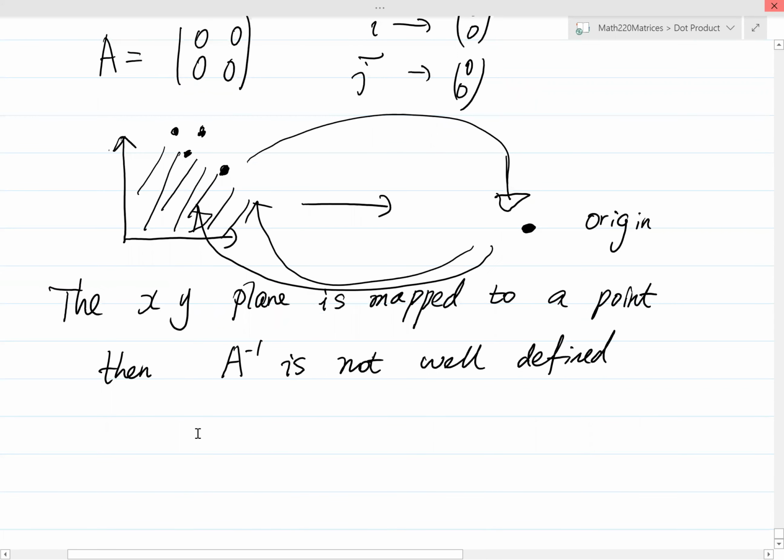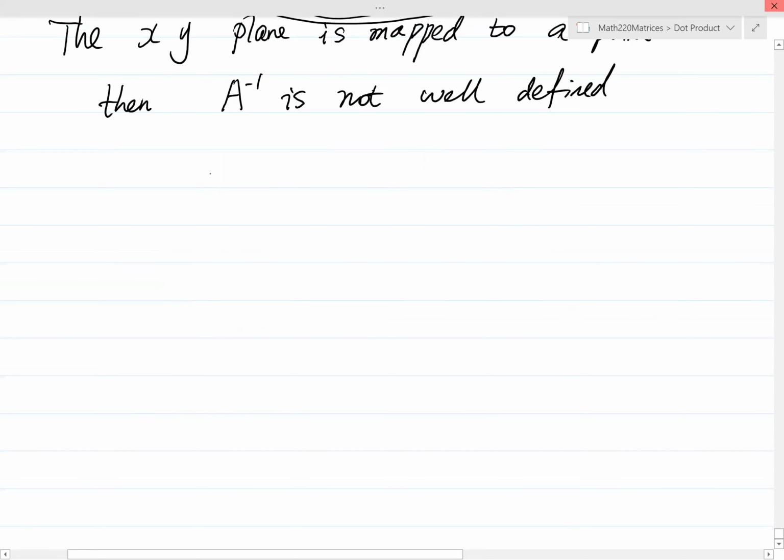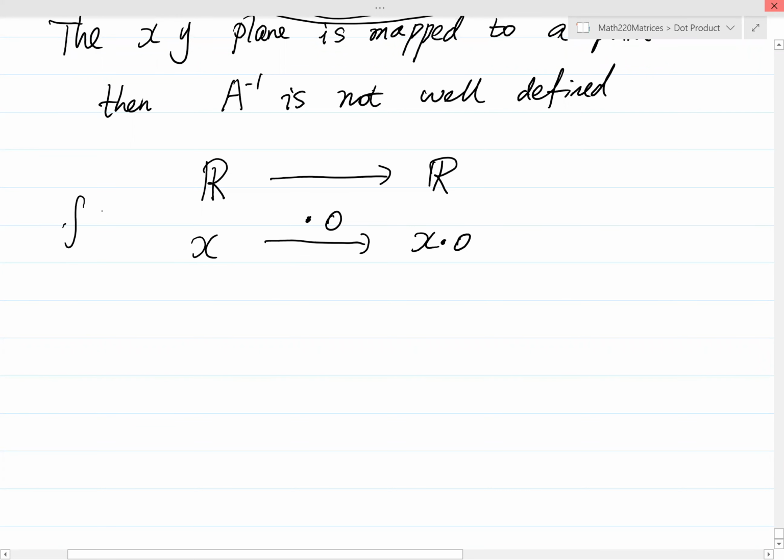Exactly like the idea, for instance, of multiplication by 0. For instance, take a real number and map it to a real number. Any number x, we map it by multiplication by 0. Then we get x times 0, we get 0. This map f sends any number to 0.